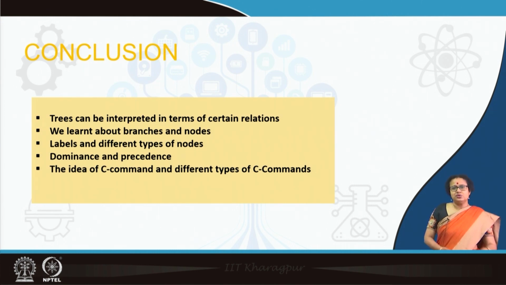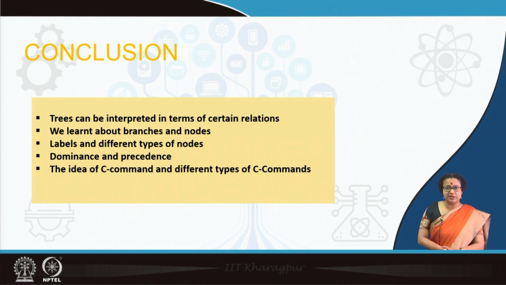So, we are coming to the conclusion for today's class, and we have actually done a number of new definitions. So, it is very important for us to revise along with the revision of previous lectures. So, I will request you to spend some more time for today's class, because a lot of new definitions were learned together. So, trees can be interpreted in terms of certain relations that we have learnt.